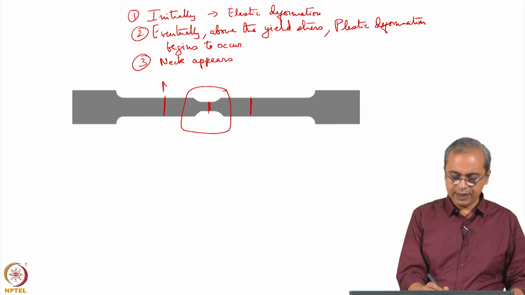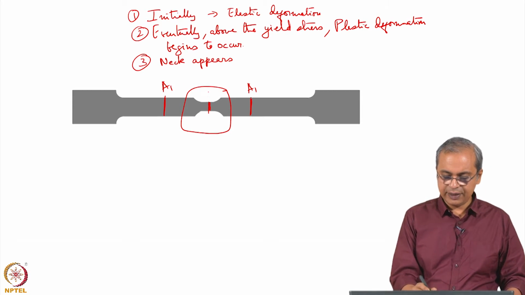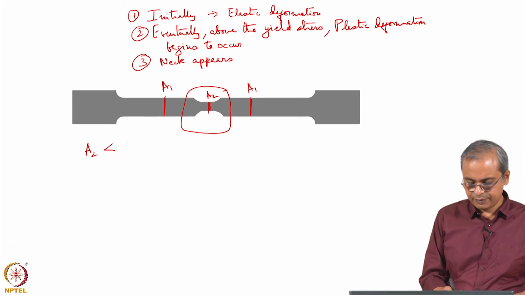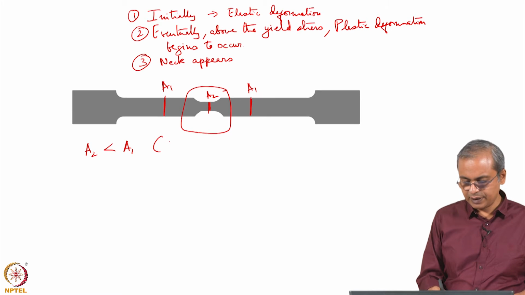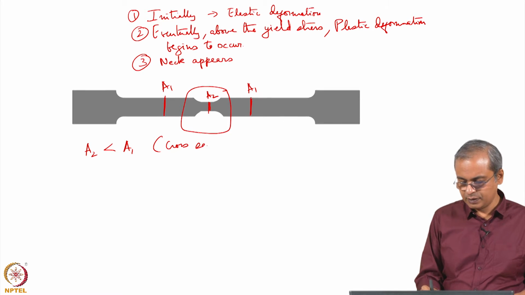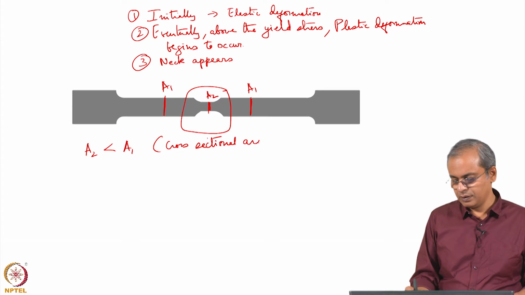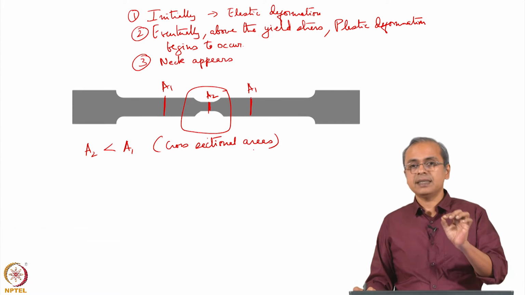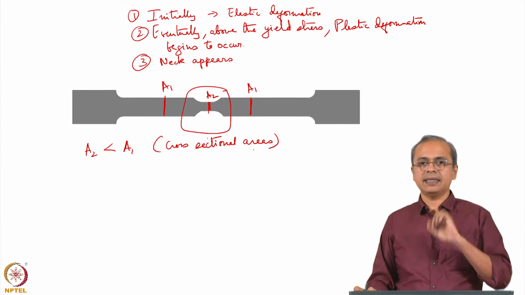If I call this A1, and this is also A1, and this is A2, then A2 is less than A1. These are cross sectional areas. So you have a region in the sample where locally some thinning has happened.